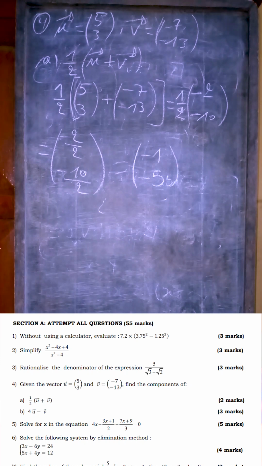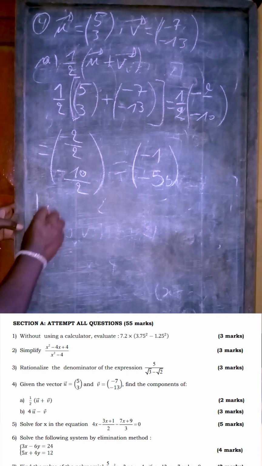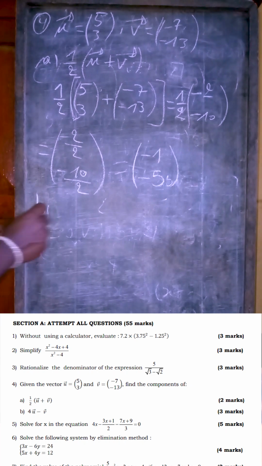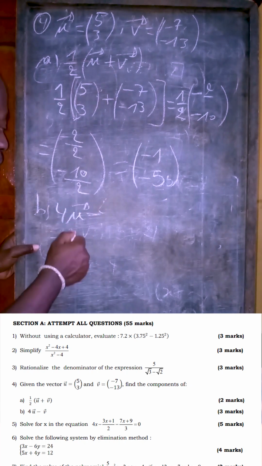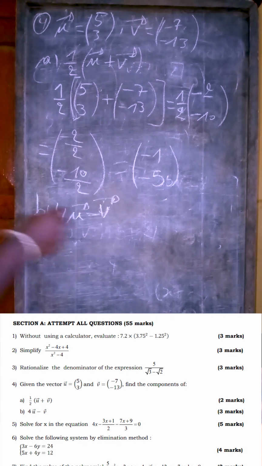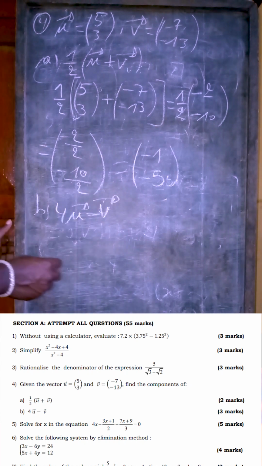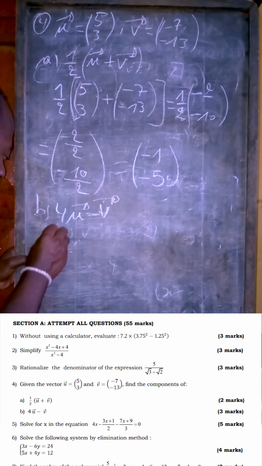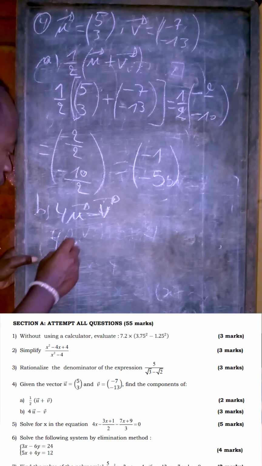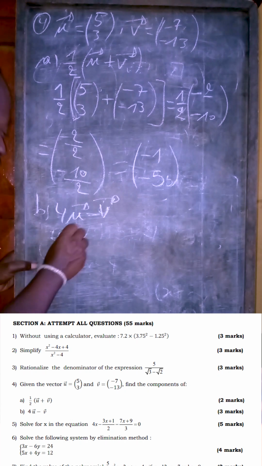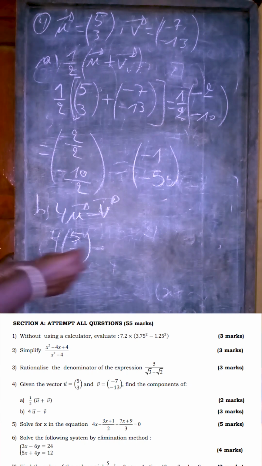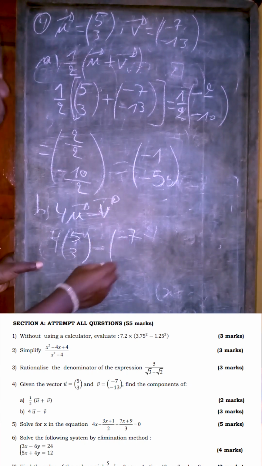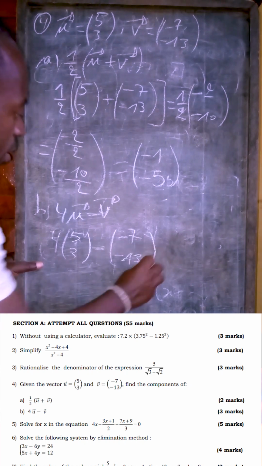Then let us take subquestion B, which says to find 4u minus v. 4u minus v means we have to take 4 times u, which is (5, 3), minus v, which is (-7, -13).